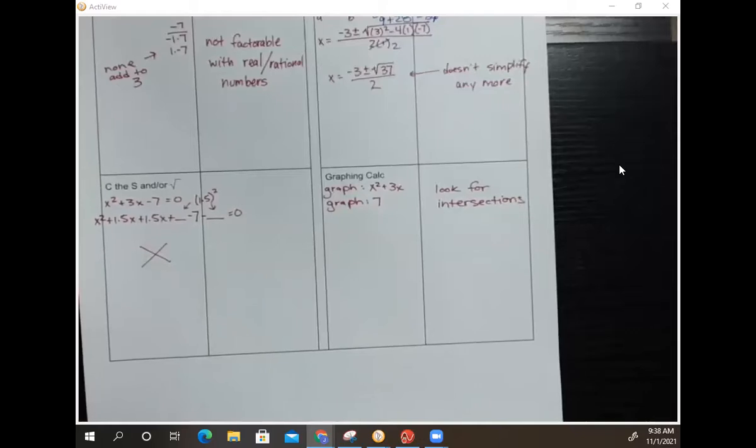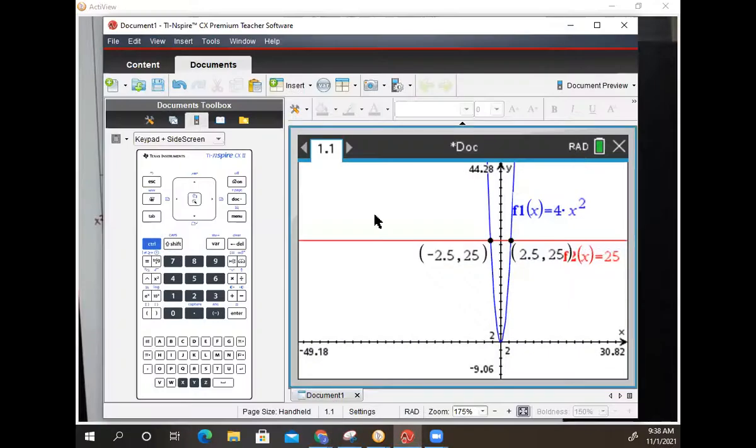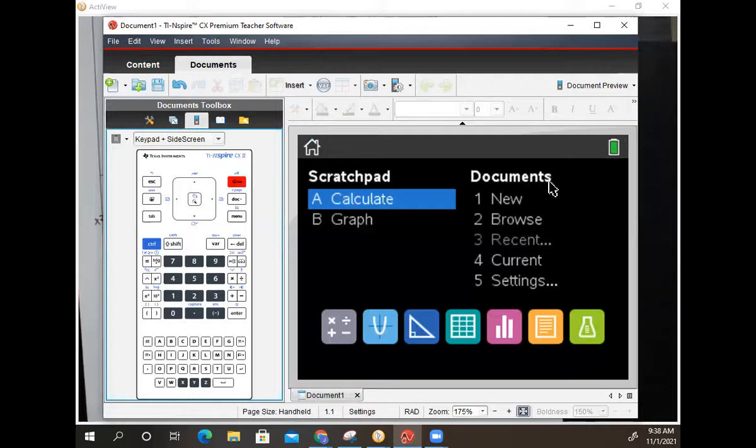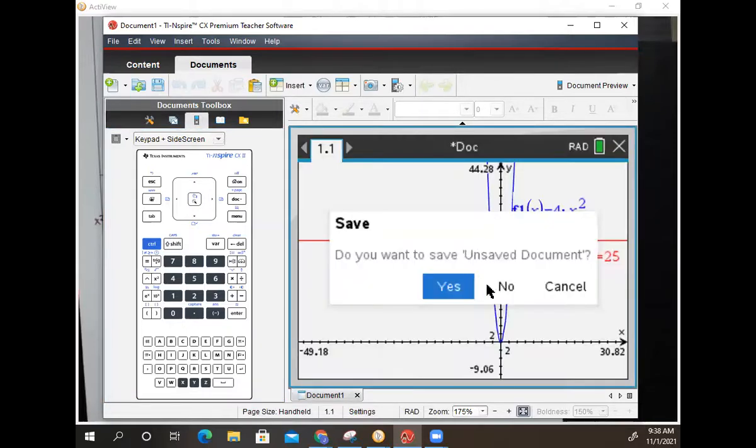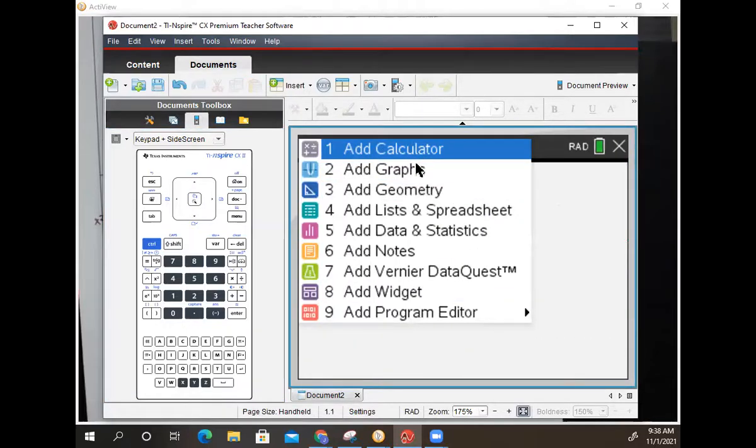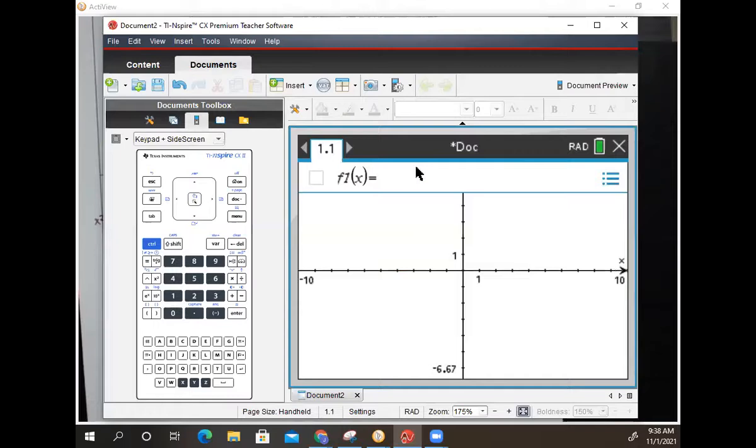So let me pull up my calculator here. There we go. Since I adjusted the zoom on this, I'm just going to make a new document, so it goes back to a clean slate.